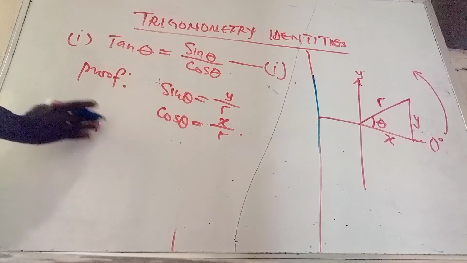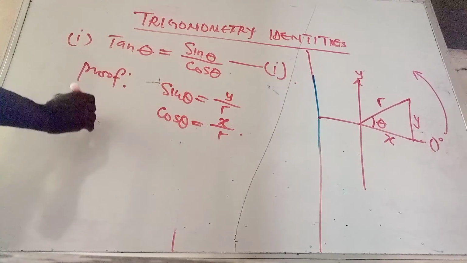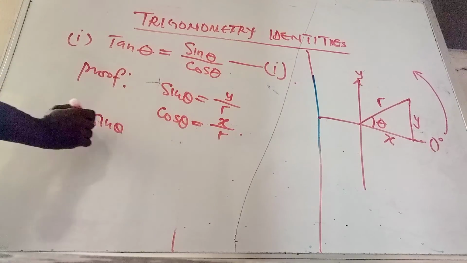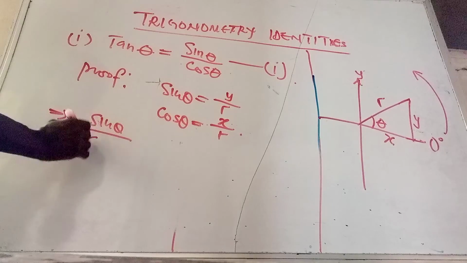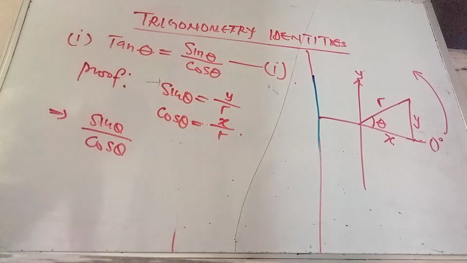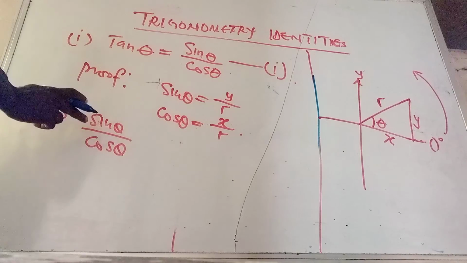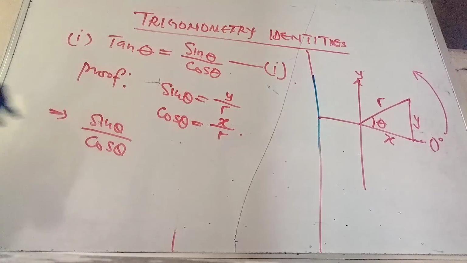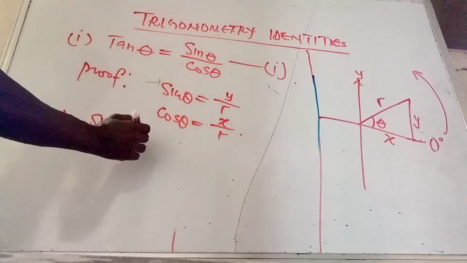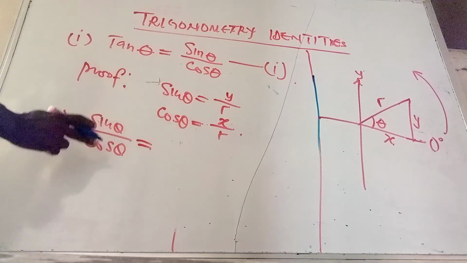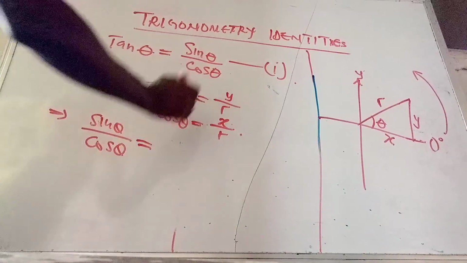So obviously, sine theta divided by cos theta, or rather, what will be tan? So, which is sine theta over what? Cos theta. What is sine theta?